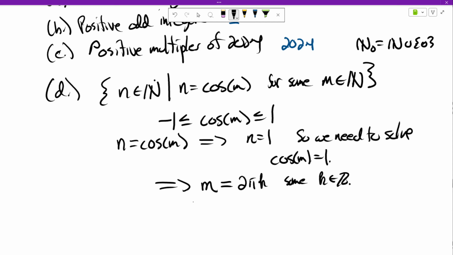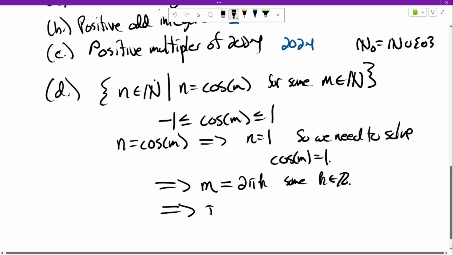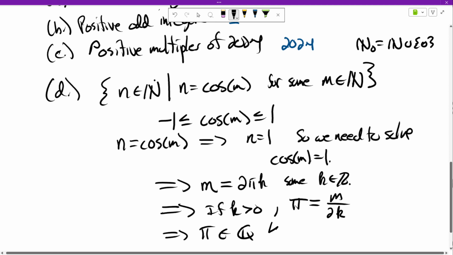And the reason is because if k is not 0, k needs to be positive because our m's are positive. Then solving for pi, we get pi is m over 2k. And this tells us that pi is rational, which is a contradiction because pi is an irrational number.